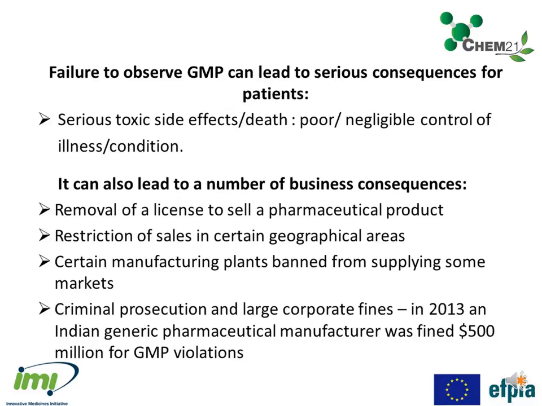It can also lead to a number of serious business consequences. So there could be the removal of a license to sell a pharmaceutical product, restrictions of sales in certain geographical areas, certain manufacturing plants banned from supplying in some markets, and there can be quite large fines and criminal prosecutions. So in 2013, a generic pharmaceutical manufacturer was fined $500 million for GMP violations.